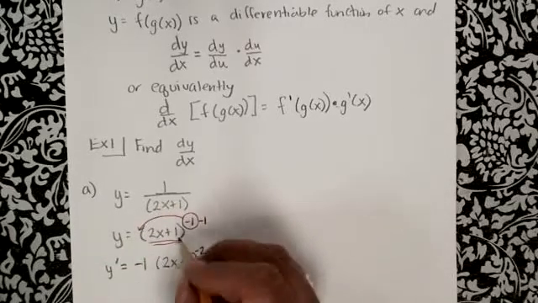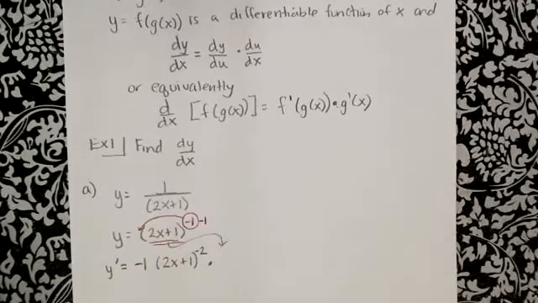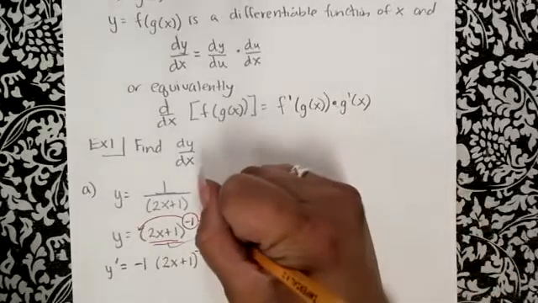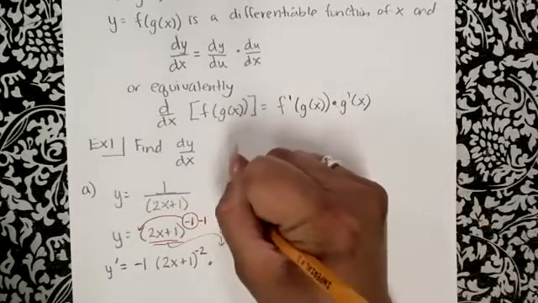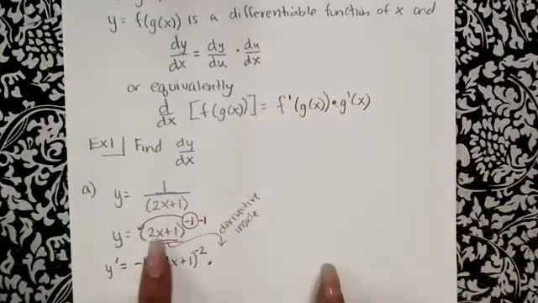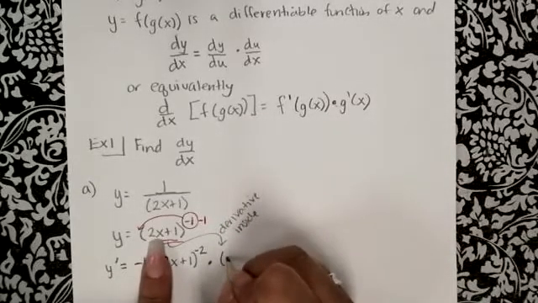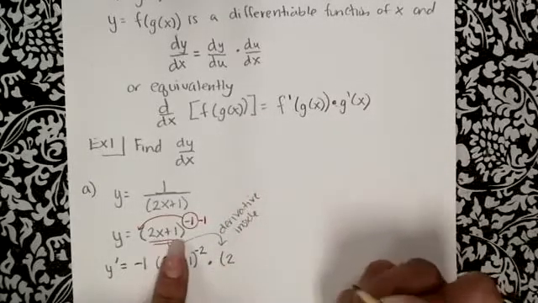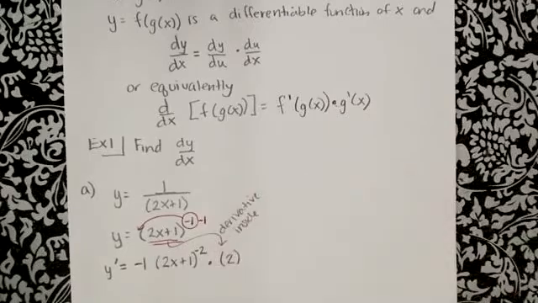Now I'm going to multiply it by the derivative inside. So take the derivative inside. The derivative of 2x is going to be 2, and the derivative of 1 is going to be 0.